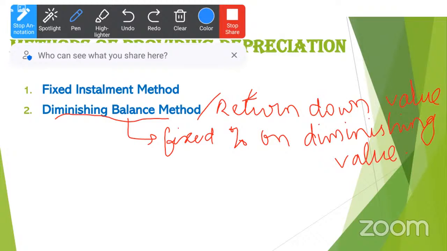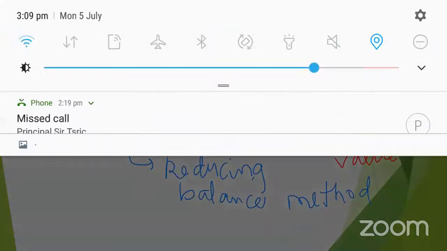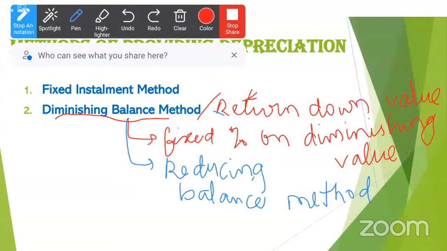This method is also known as written down value method or reducing balance method. The amount of depreciation will decrease. Since the depreciation is calculated on the balance of the asset after writing off depreciation on the asset, it is named written down value method. Every year we will calculate depreciation and that will be deducted.